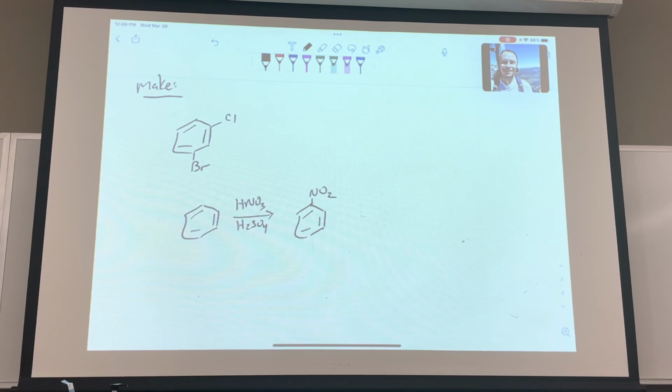Well, the nitro group is a strong deactivator and thus a meta director. So at this point, I could go ahead and add the halogen. It doesn't really matter which one you add first. Because that's going to put the nitro group and the incoming bromine in the right orientation, right? It's going to put them meta to each other.